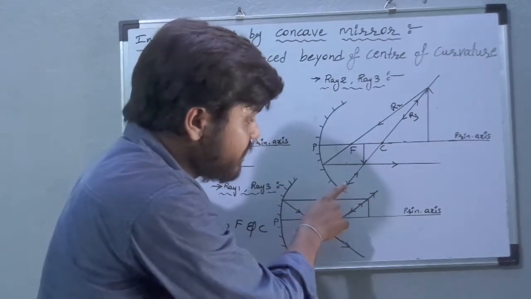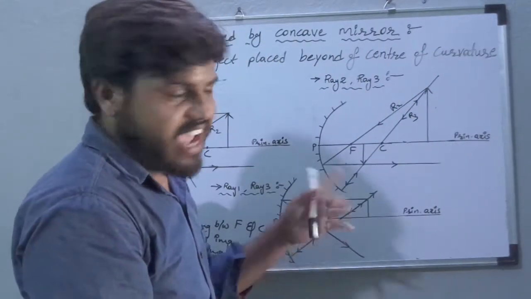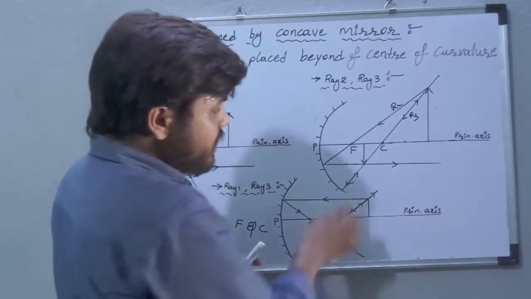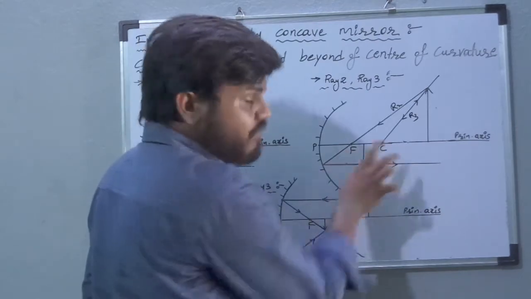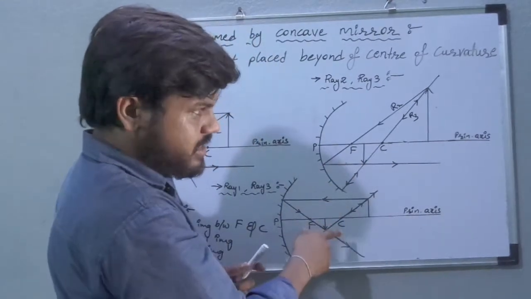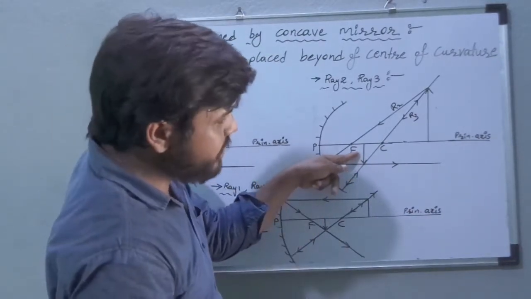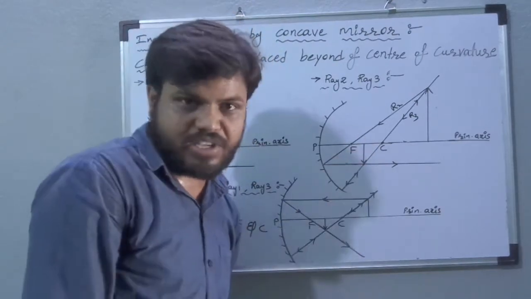After reflection, the reflected ray goes in the same direction, because the angle is 0. Incident angle equals reflected angle equals 0. Here also we got an intersection point of reflected rays between F and C. From this also we can say we got a diminished image, an inverted image, between F and C, and it is a real image.